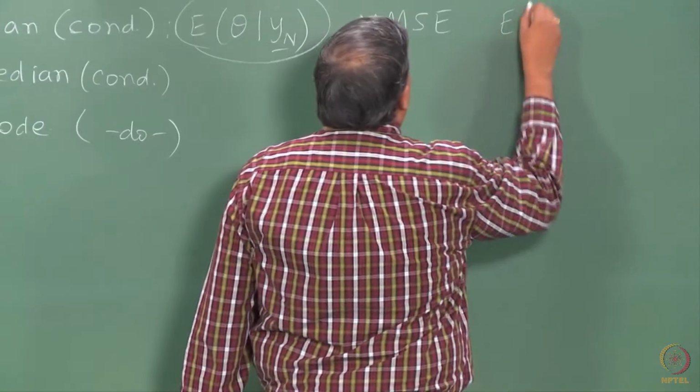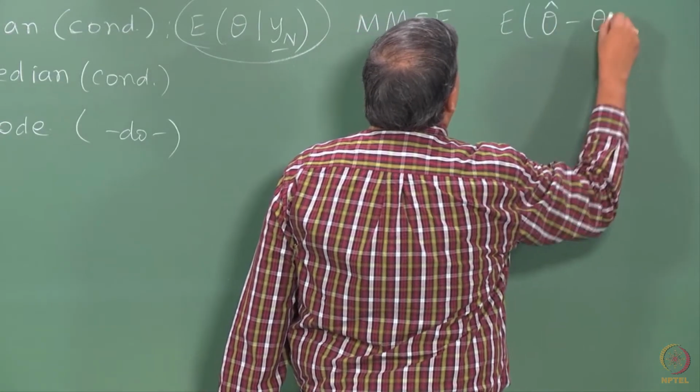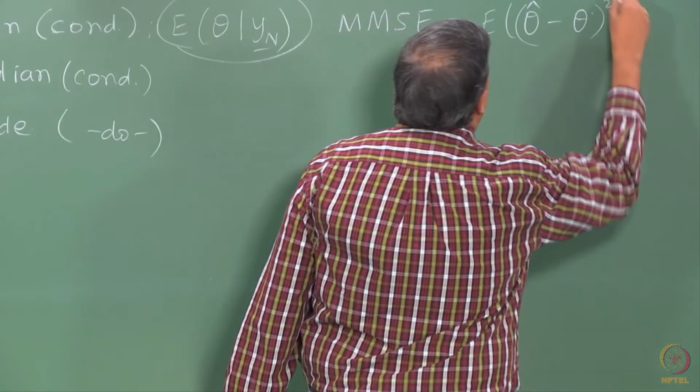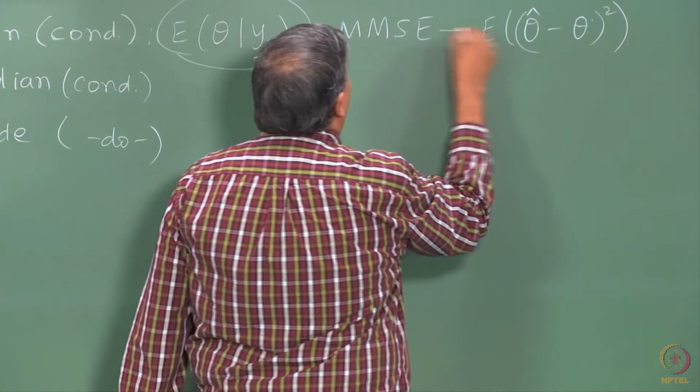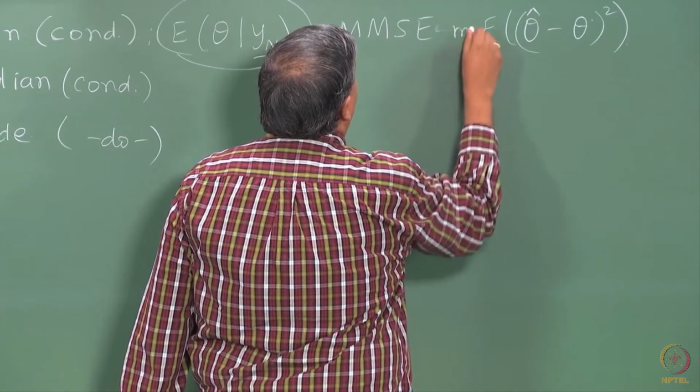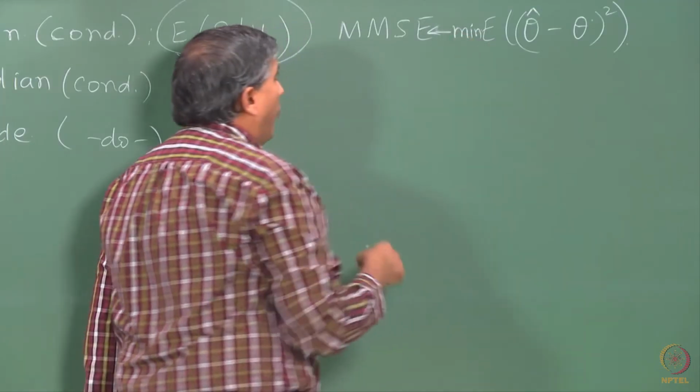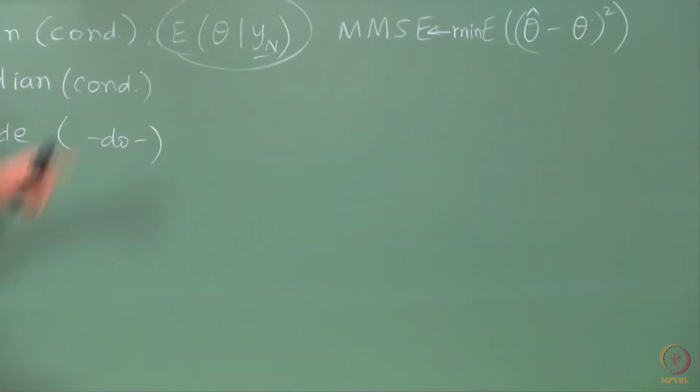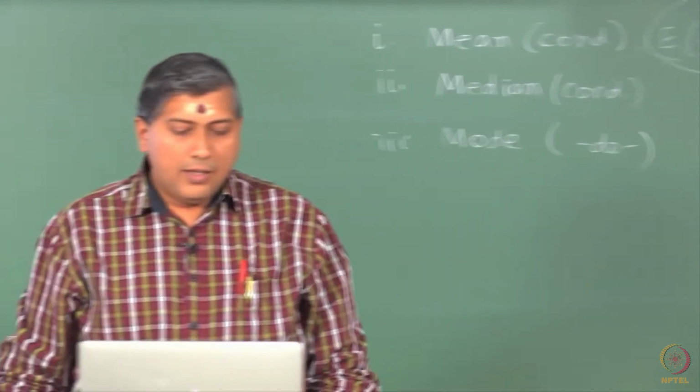If your estimate is theta hat, then this is a solution: find theta hat such that this is minimized, and that is a conditional expectation, we know that already, right.